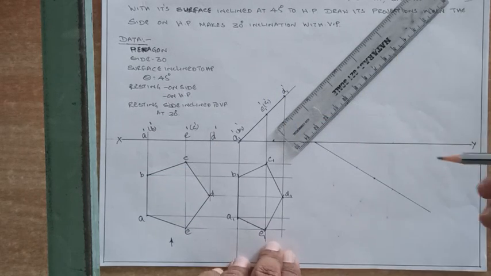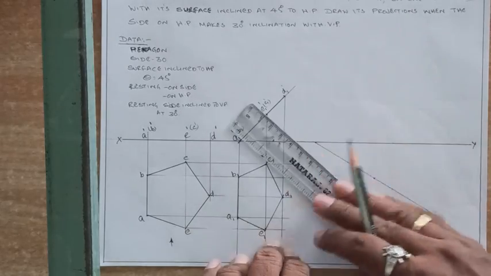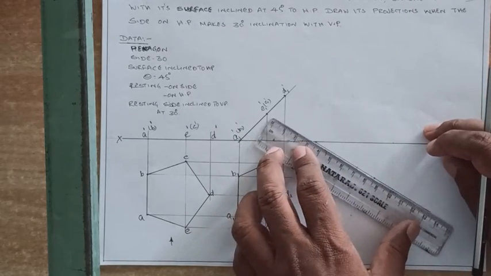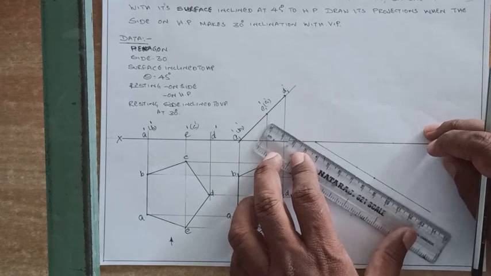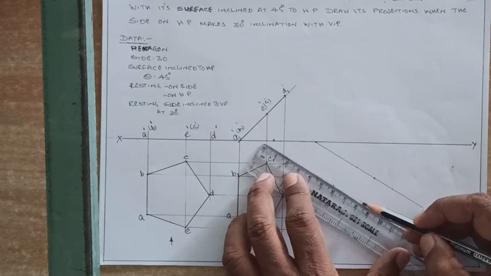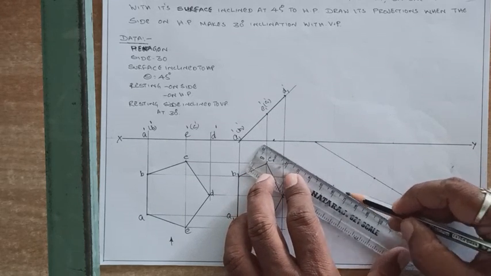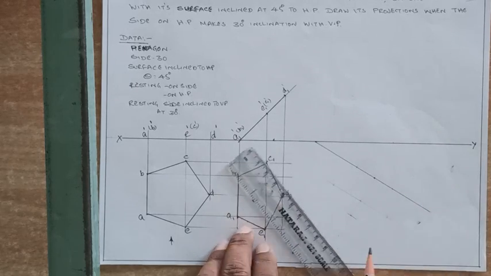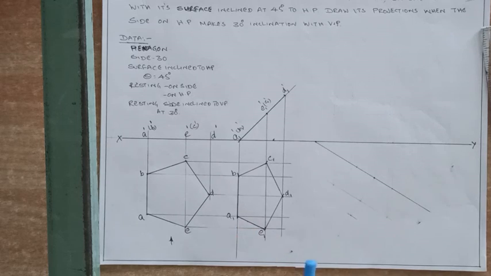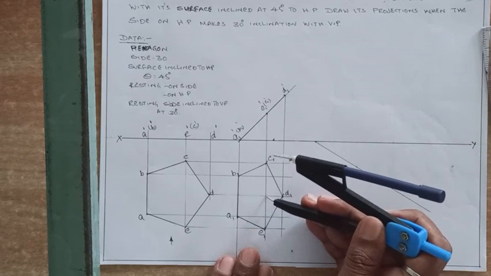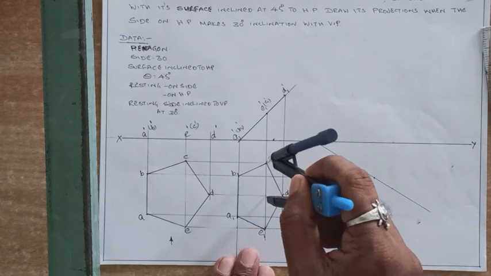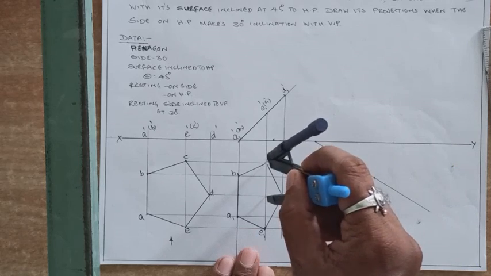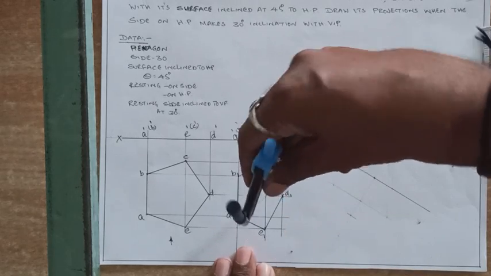Then you have to draw another line parallel to the 30 degrees line from this point that you have transferred already, and here also. Now again using the compass, from this point, it is not exactly the midpoint, it is at the middle, not the exact center point of both the distances.